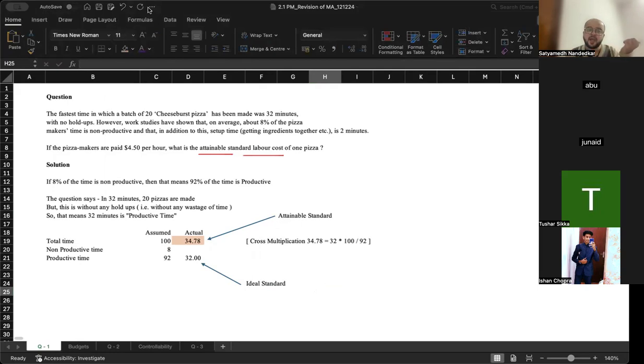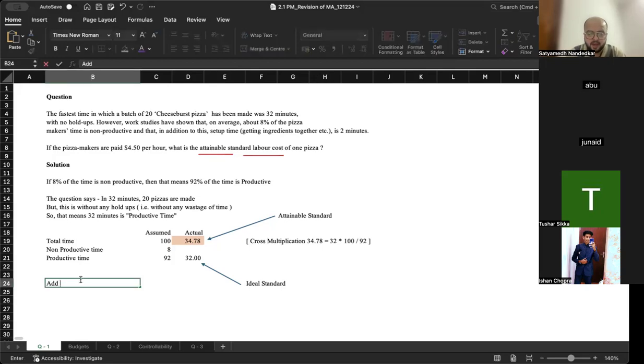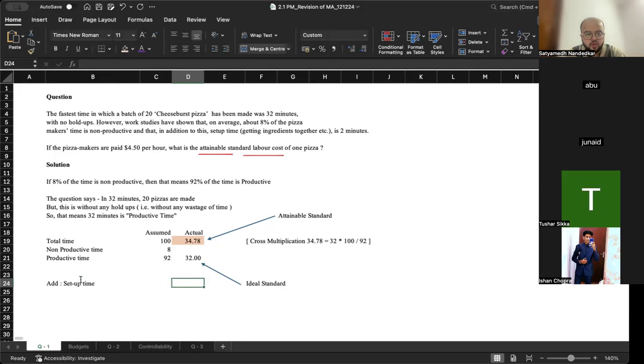32 is my ideal time. Okay, 32 is my ideal standard. But to this now, I'm going to add what else? I'm going to add 2 more minutes. Add setup time. How much is the setup time? You need around 2 minutes for setup.